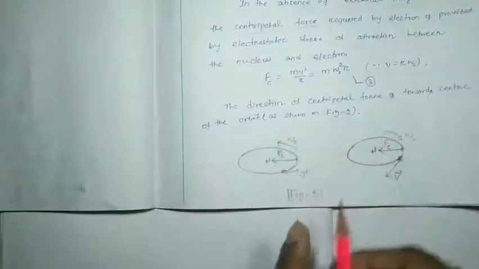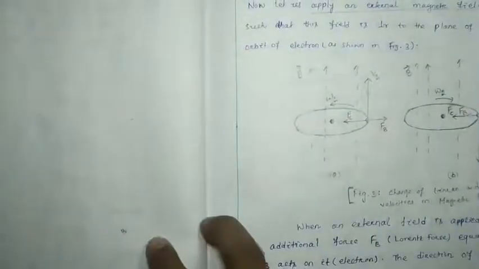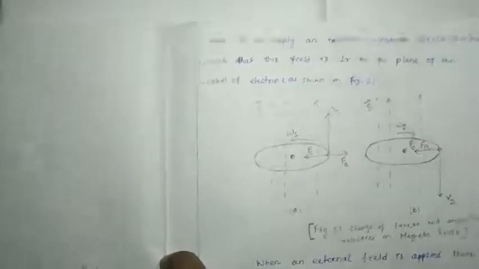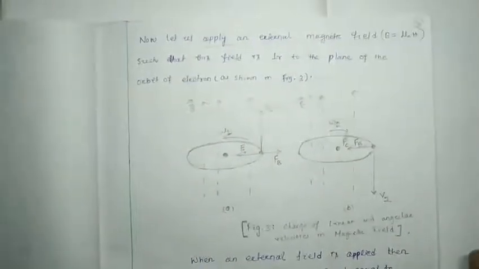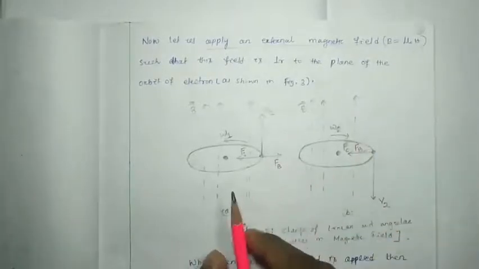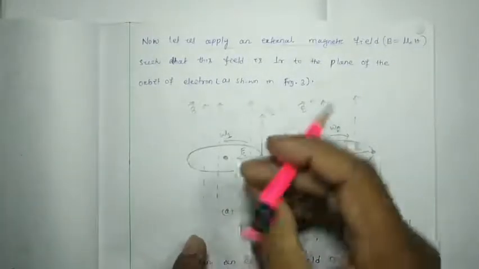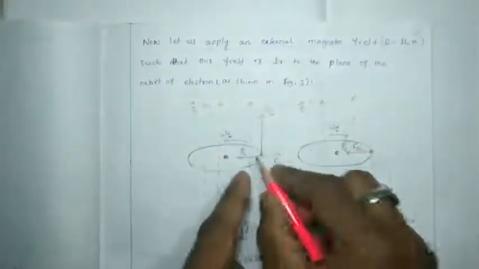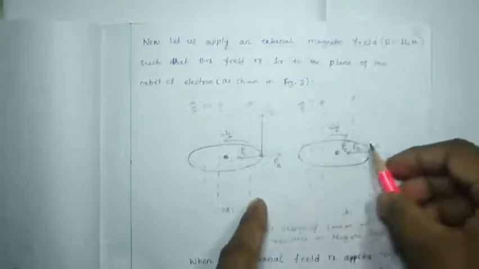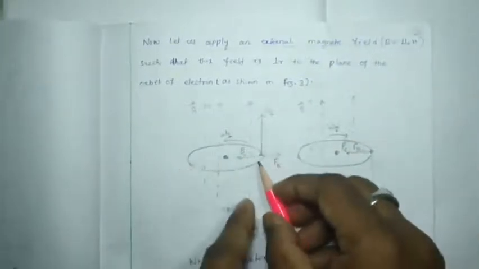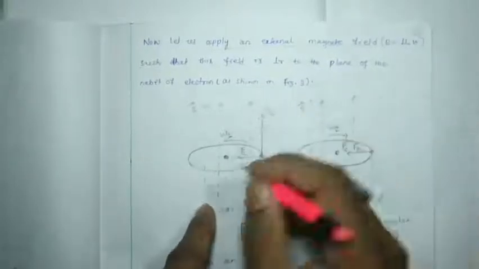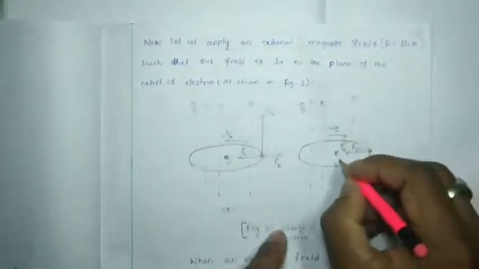Now we apply the magnetic field and discuss what will happen. In figure A, the magnetic field is applied perpendicular to the loop, and also for electron 2. Consider this is electron 1 and this is electron 2, each with its nucleus.